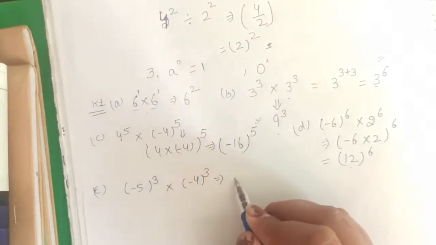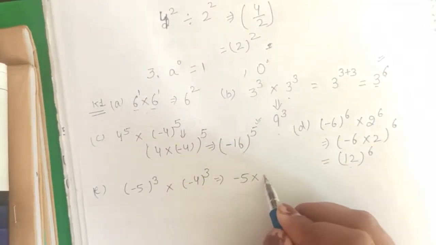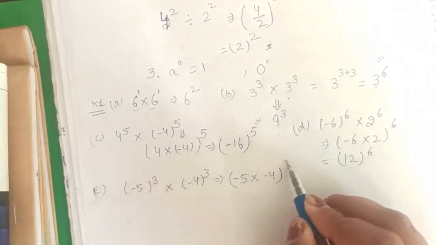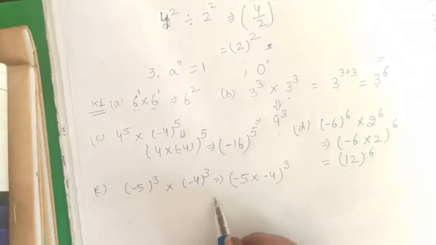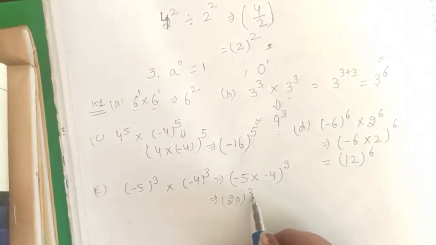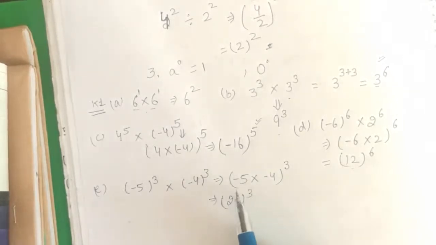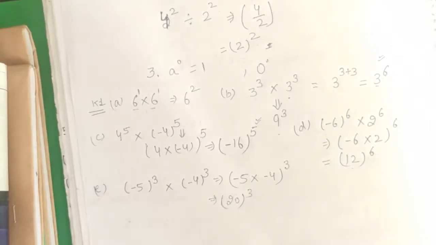So it is minus 5 multiply with minus 4. Powers will remain same, 3. 5 4s are 20 the power 3. Now here negative sign is removed. Reason, because both these numbers have the negative sign. Right? So this is your K1.